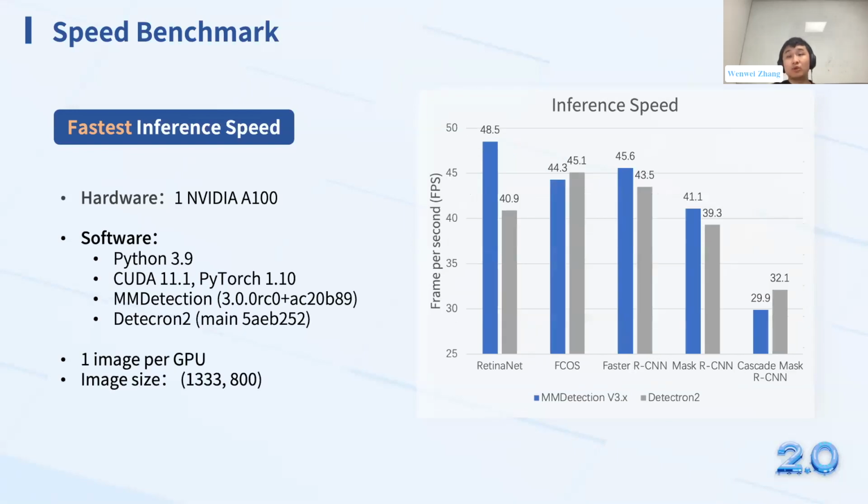Also, we improved the inference speed of the commonly used models. As you can see on the right, MMDetection 3 surpassed Detectron2 on RetinaNet, Faster R-CNN, and Mask R-CNN. So basically, you can use the models in MMDetection with faster inference speed but comparable accuracies.